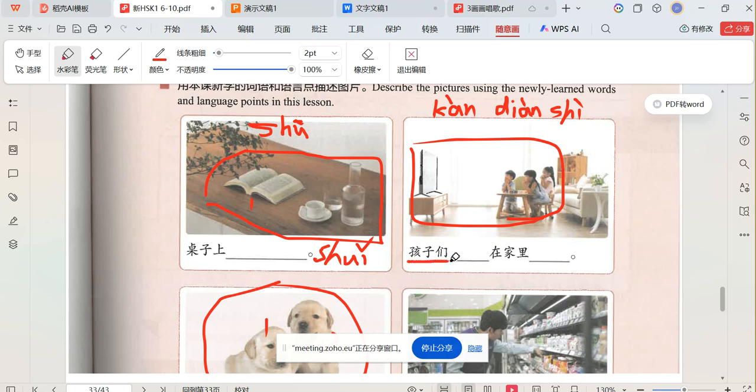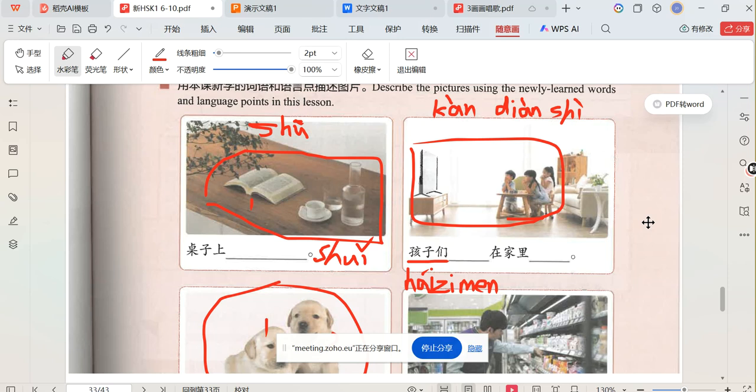How do I say kids? How do I say children? 孩子们。孩子们在家里看电视。Whole sentence, please.